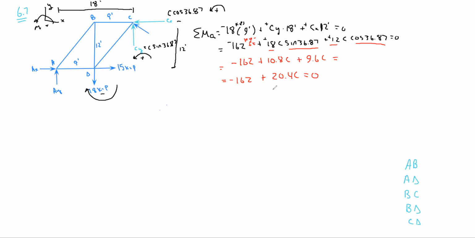Add 162 to both sides. Divide both sides by 20.4, and we get that C is equal to 7.94 kips.